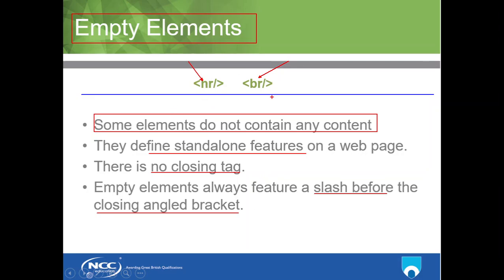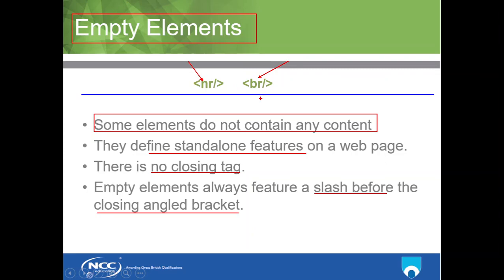Otherwise, break is used to break content to the next line, just like when you're typing in Word and you press enter. So the cursor will go to the next line. Break is used to force things to begin from the next line. So that is what break, BR, is used to do.